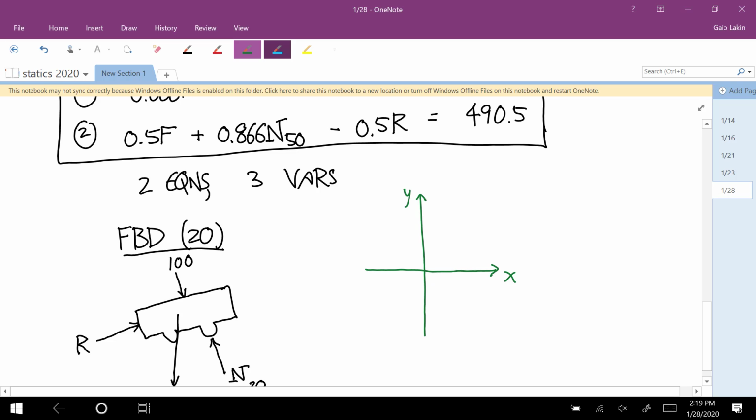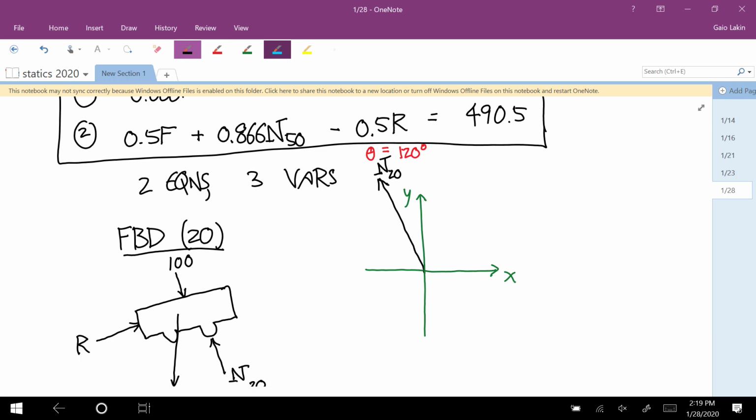So let's see what we have. Well, we've already figured out that the normal force is in the direction theta equals 120.